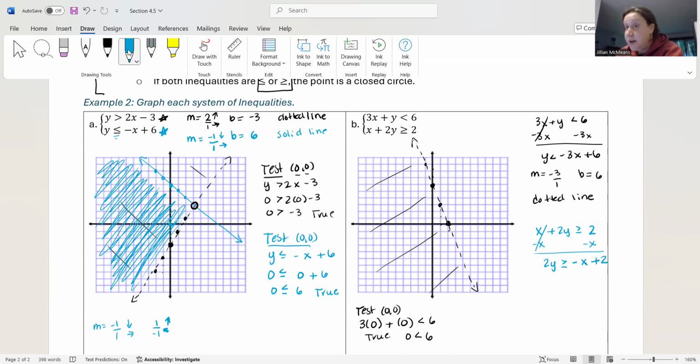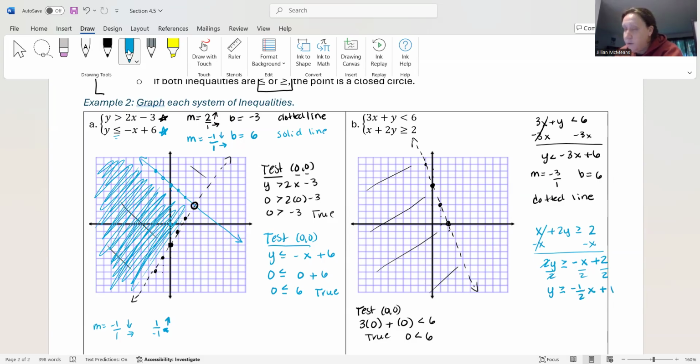And then I want to divide each term by 2. Well, 2 divided by 2 is 1. And so we get 1 times y, and then y is greater than or equal to, well, negative x over 2 is negative 1/2 x, and then 2 over 2 is just 1, okay?